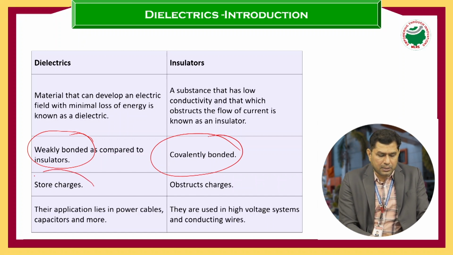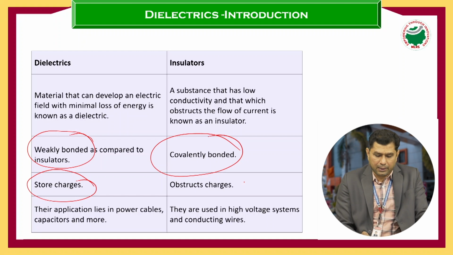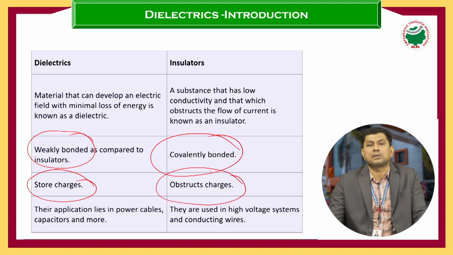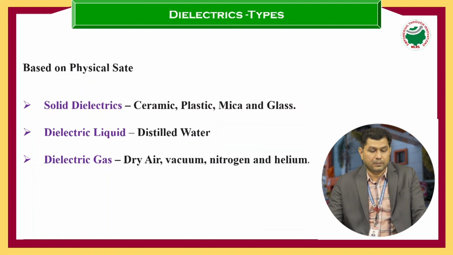In dielectrics, whenever you apply an electric field, storage of the charges takes place. But here the flow of charge is obstructed, meaning the charges are not allowed to move. So that is the distinction between dielectrics and insulators.